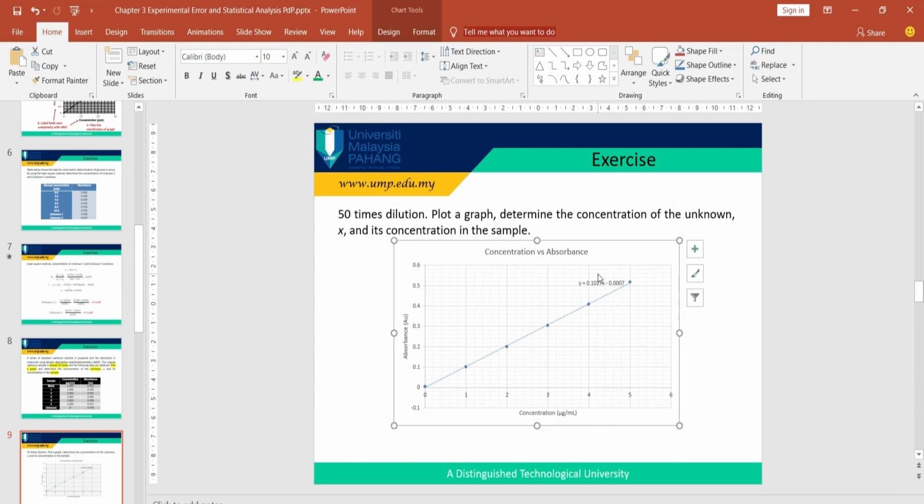The next requirement is you need to determine the concentration of the unknown using this graph. How to determine the unknown using the graph? Previously, with the least square method, you could use the equation y equals mx plus c. But now it requires you to determine the concentration using the graph.